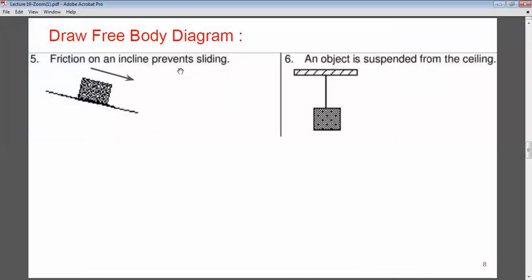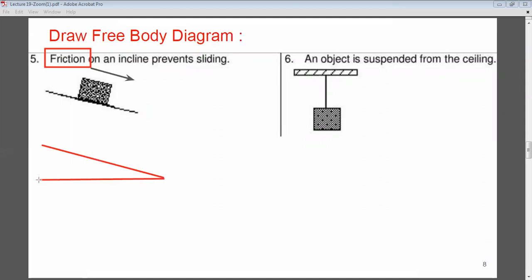Friction on an incline prevents sliding. So I have this object on an incline and it doesn't move due to friction. So it's telling me that there is friction. First I draw the surface. I will be drawing the weight perpendicular to the ground, so I draw the ground. And this is my object.